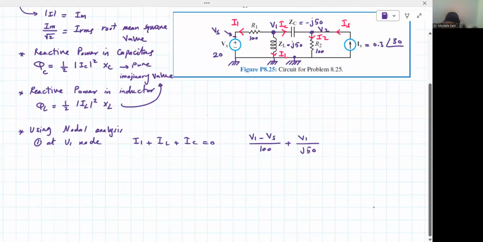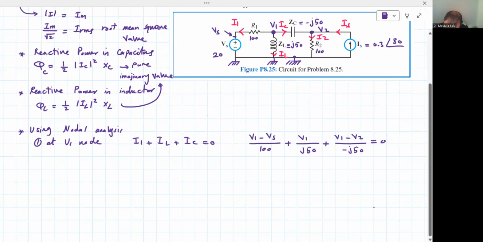IC is going from V1 to V2. So it's V1 minus V2 over ZC. ZC is minus J50. And all of this is equal to 0.